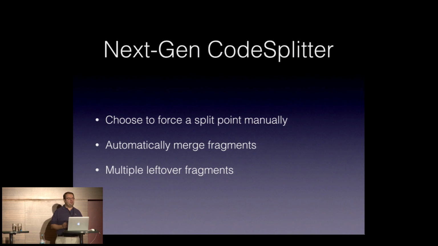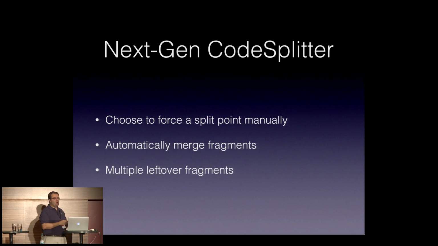And so the compiler is going to try to pack those into a big enough ball of JS so that it's worth it to make another HTTP round trip to get it. And the other thing is that when you merge 2 fragments together, if they had any shared code, now that shared code is no longer shared. It's exclusive to this new merged ball of code. And so that code will come out of the leftovers fragment and it will live in that merged bit.